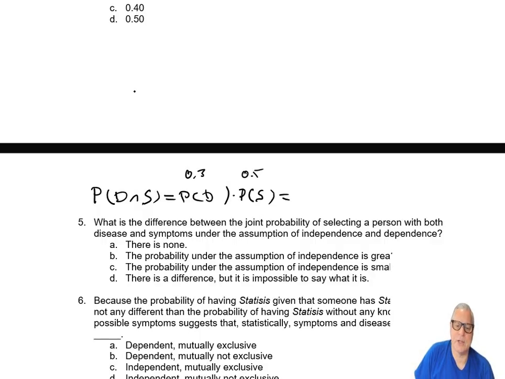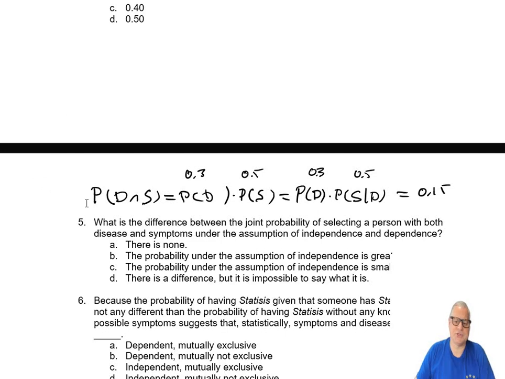And then the second one that we calculated was the probability of disease times the probability of symptoms given disease, 0.3 times 0.5, so they're all the same.